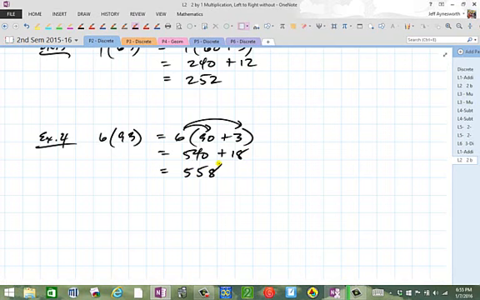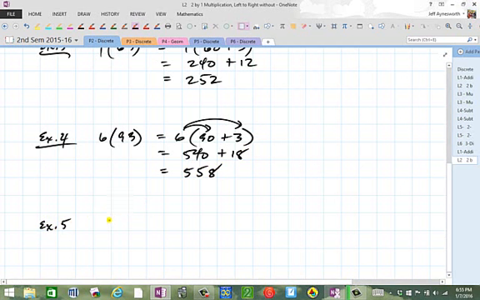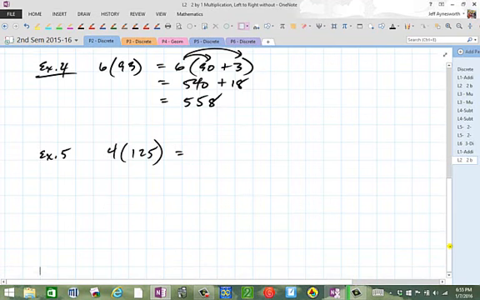All right. Now, just for funsies, let me just show you this right here. It doesn't matter even if you have a 1 by 3 problem. Okay, so if you take 4 times, let's say 125, check this out. It works for this too. I don't care how many digits you have, this technique will work. So you have to understand that you're starting with the 1 in the hundreds place. So this is actually 100 plus the 20 plus the 5. So I'm doing a technique that is taught all the way back in like second grade.